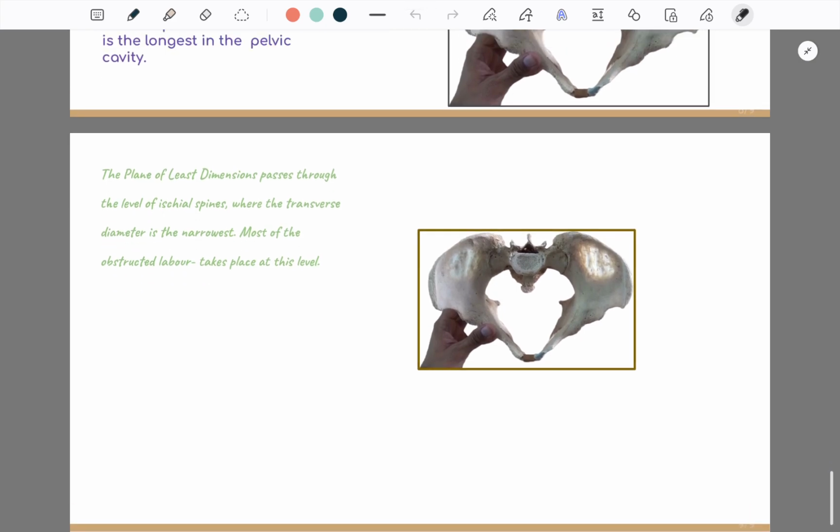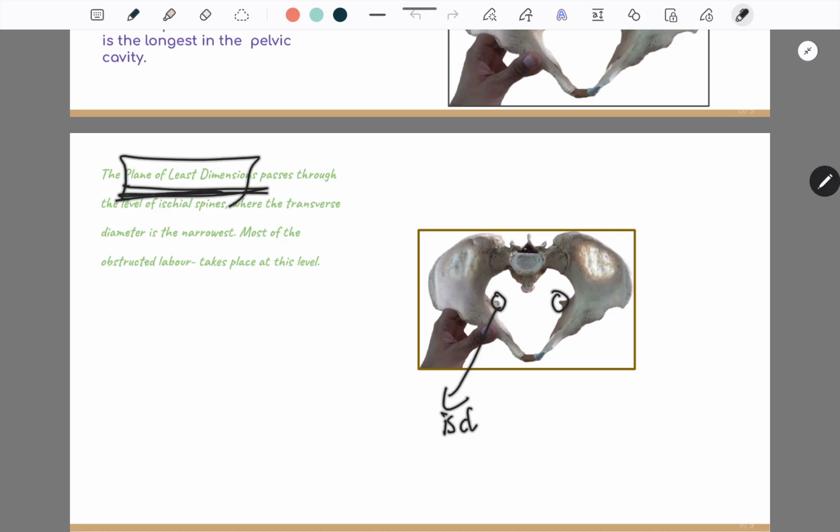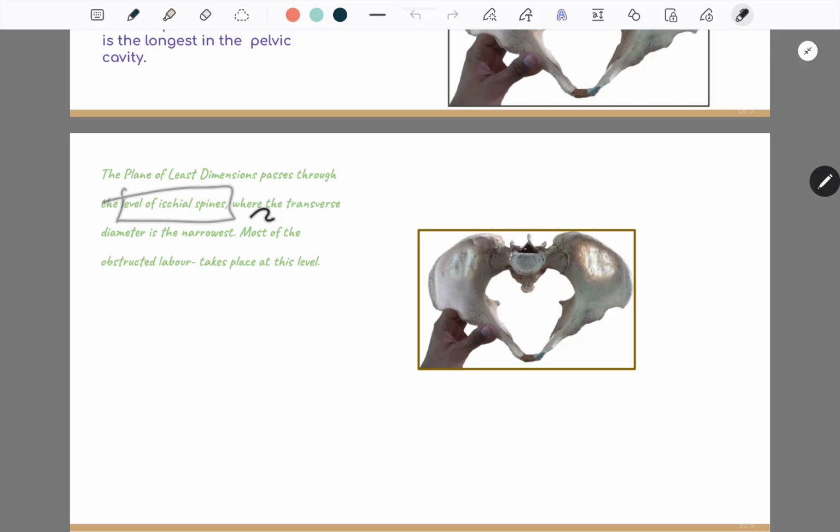Coming to another plane, the plane of least dimension. What is this? You can see here, this is the ischial spine. From here you must measure the diameter. That is the plane of least dimension. It passes through the level of the ischial spine where the transverse diameter is narrowest.